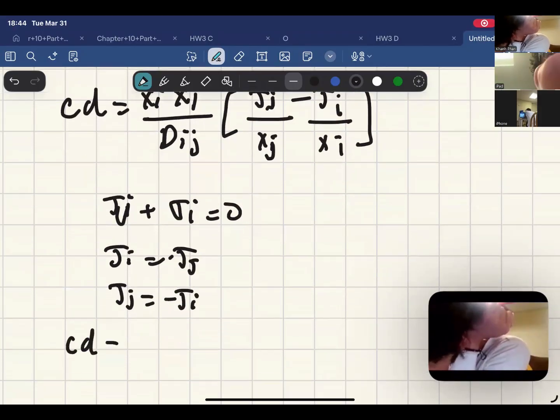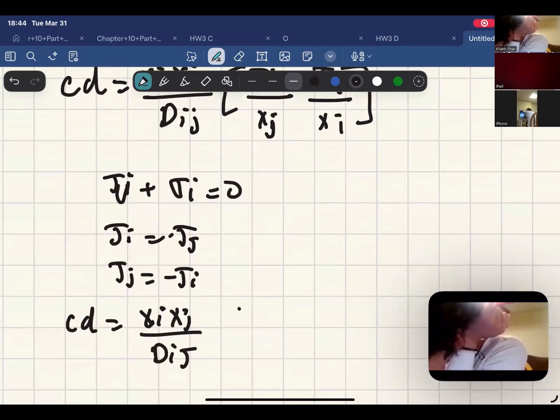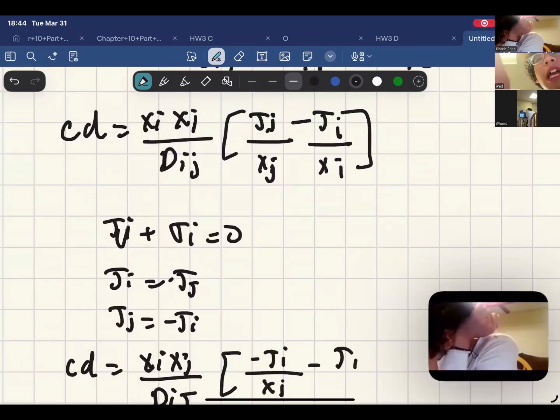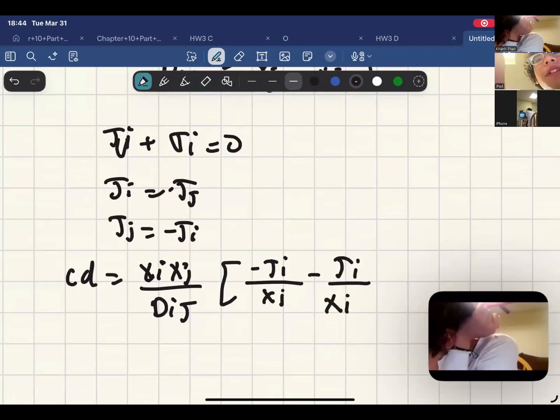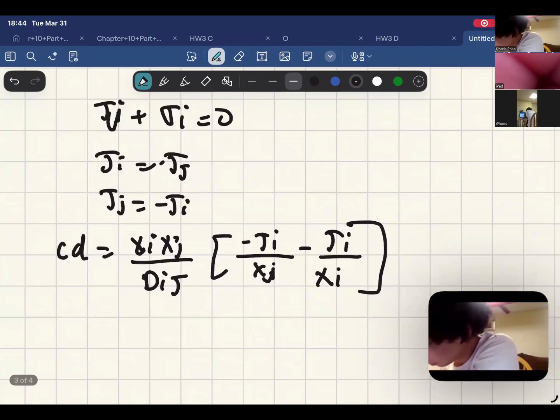So we would have c D over x_i x_j over D_ij times negative J_i over x_j minus J_i over x_i. And then we take J_i out of the bracket.